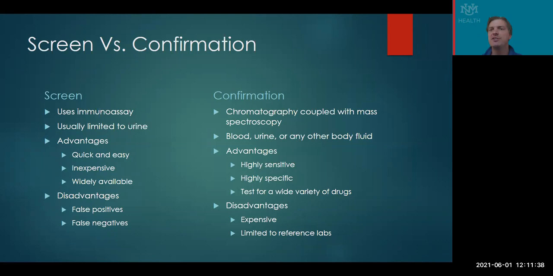So confirmation testing involves chromatography tandem to mass spectroscopy. Going back, if chemistry is a repressed memory, another way to describe chromatography is it's like distilling alcohol to make moonshine.